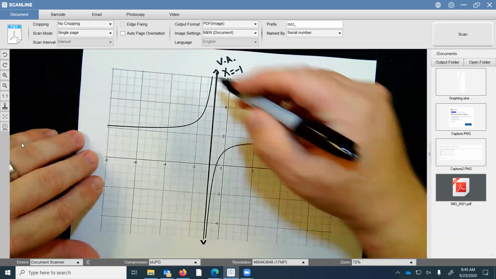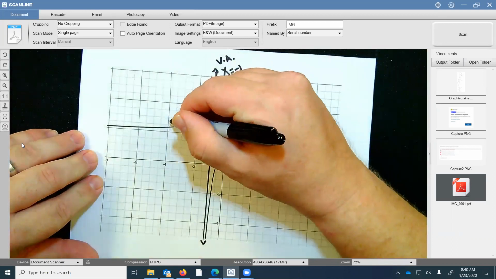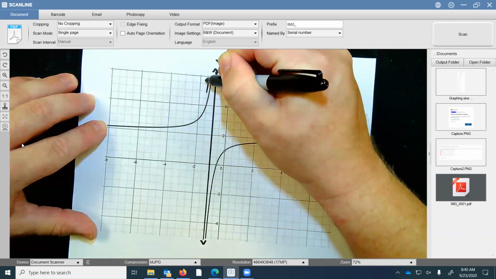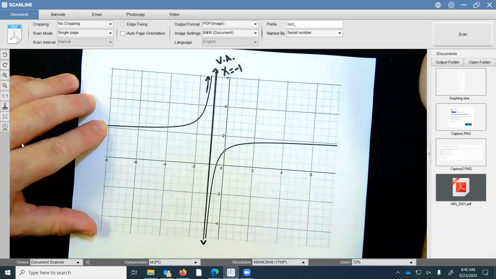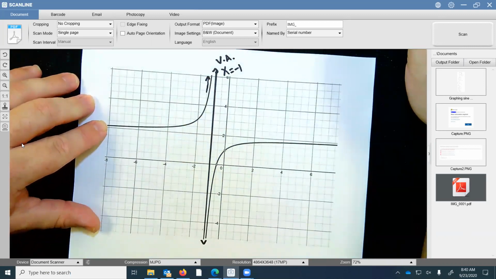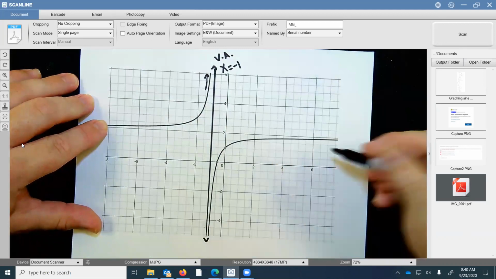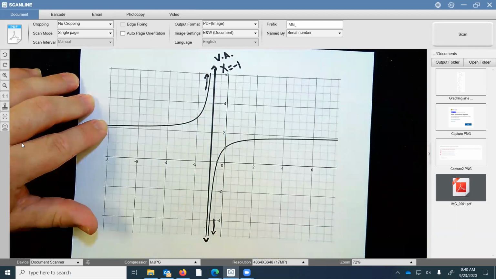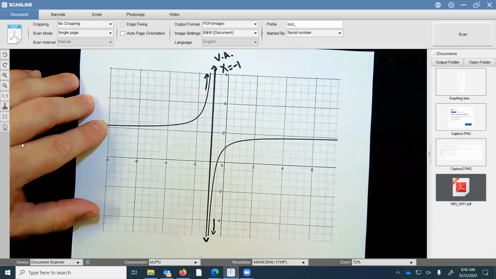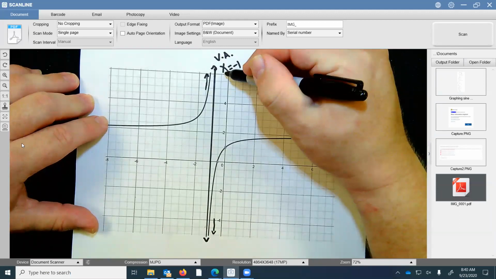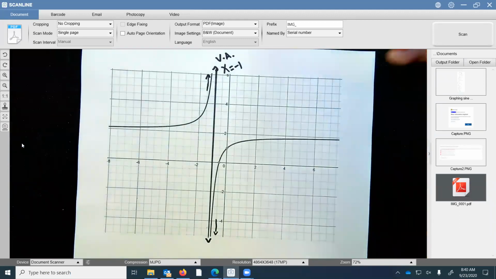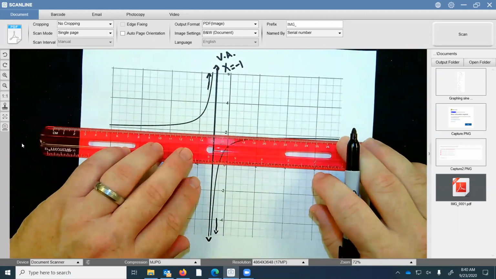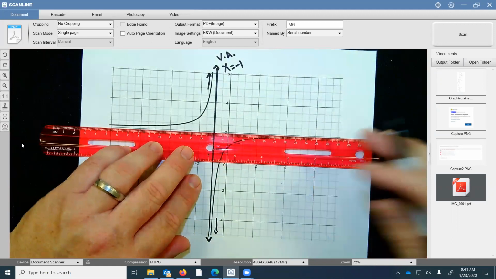So if you look at this graph, as I come from this side, I start going up towards infinity forever and never quite touch that line. That's what makes it a vertical asymptote. If I look from this side, I'm going down towards negative infinity. And that makes it a vertical asymptote. Now, you could approach it from positive infinity on both sides, but in this case, our vertical asymptote approaches opposite things.